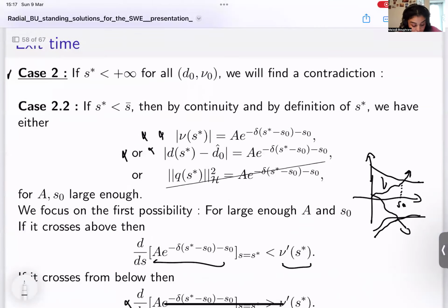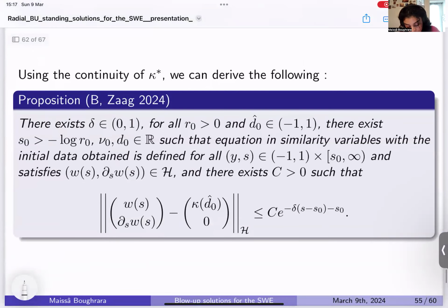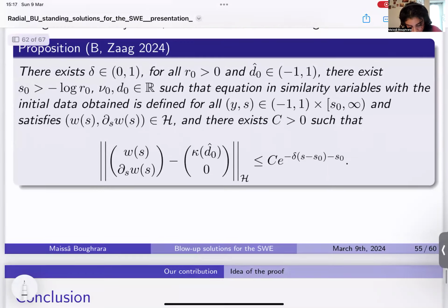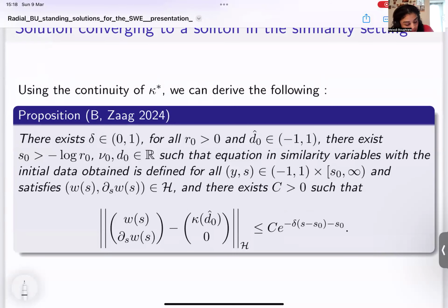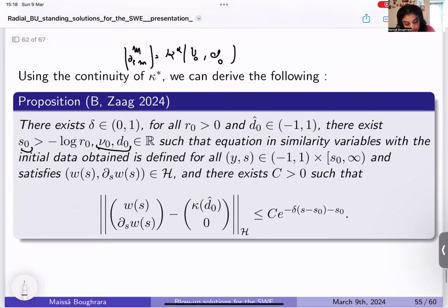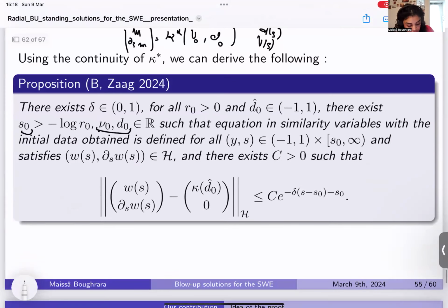From this argument, we showed this result: the existence of an initial time and initial parameters such that if we take W, derivative of W equal to kappa star of these parameters, mu0, d0, then there exist ds and mu s such that we have the convergence of this one to kappa d0.